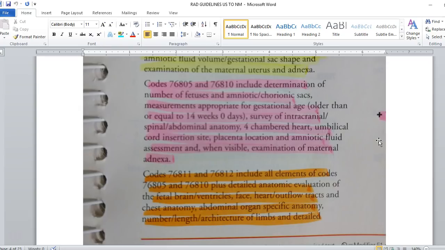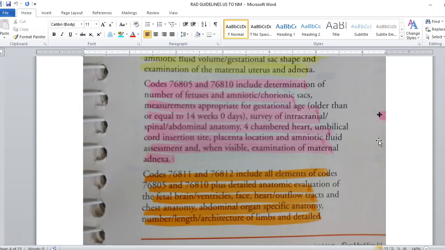Now, as we get along in pregnancy, code 76805 and 76810 include determination of number of fetuses in amniotic or chorionic sacs, measurements appropriate for gestational age, older or equal to 14 weeks, 0 days, survey of intracranial and spinal and abdominal anatomy, 4-chambered heart, umbilical cord insertion site, placenta location, amniotic fluid assessment, and when visible, examination of maternal adnexa.